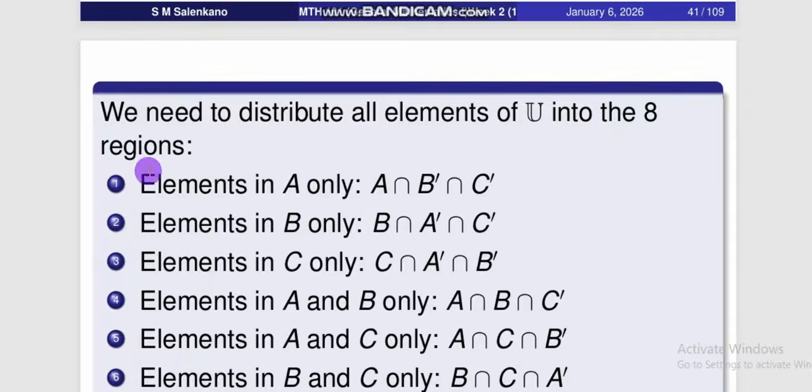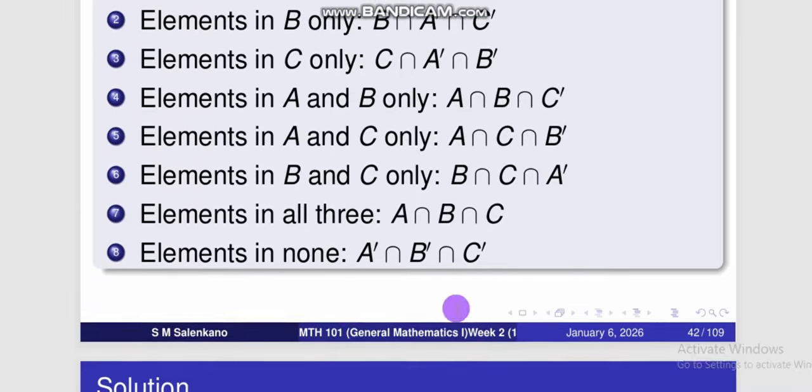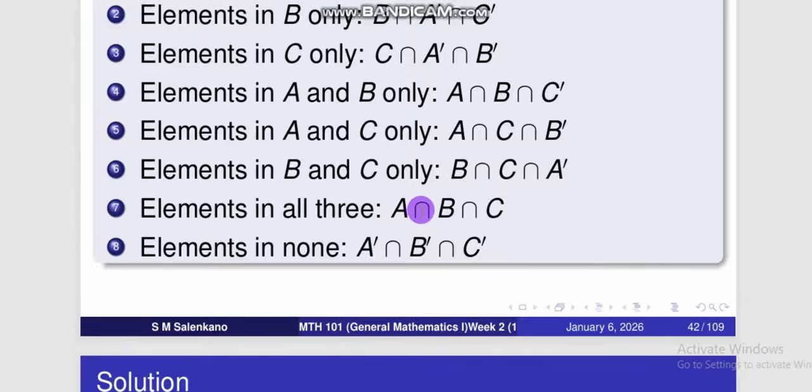We are going to find elements in A only, that is A intersection B prime intersection C complement, an element in B only, element in C only, element in A and B only but not in C, A and C only but not in B, B and C only but not in A, and then element in all the 3, A intersection B intersection C, an element in none, neither in A, B nor in C, right?